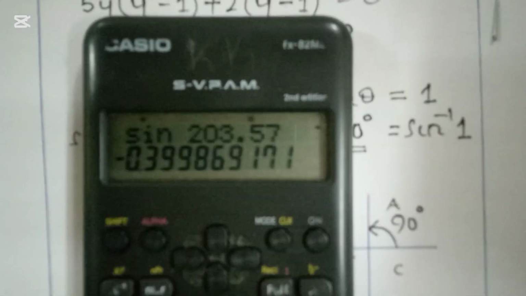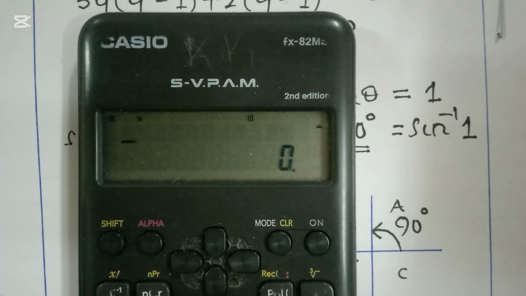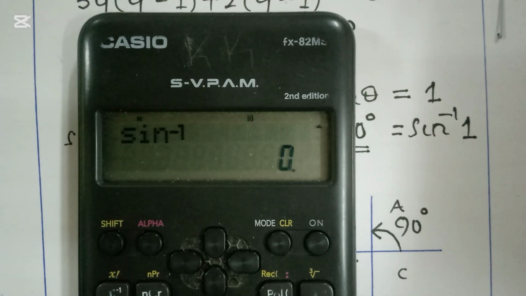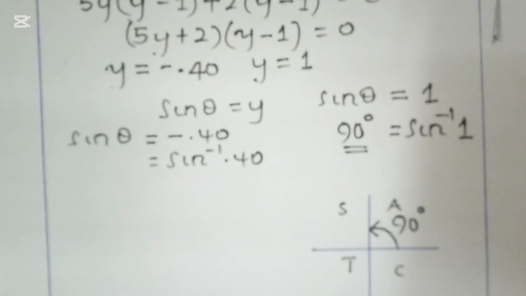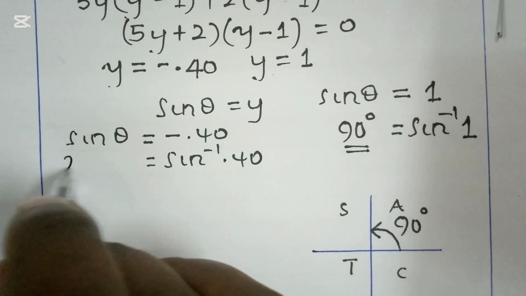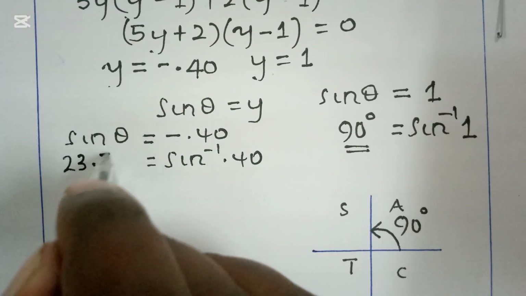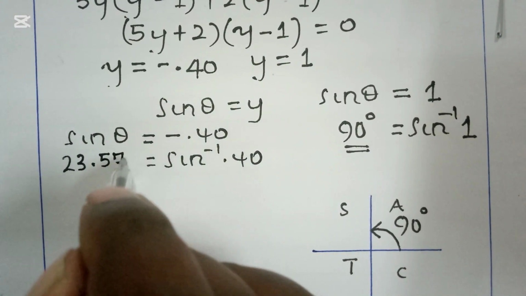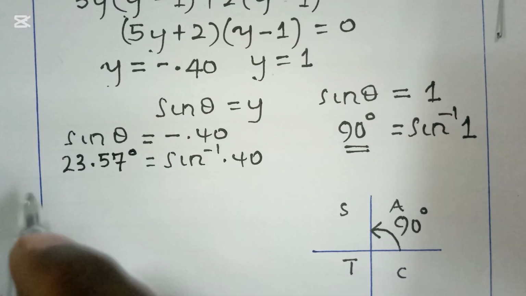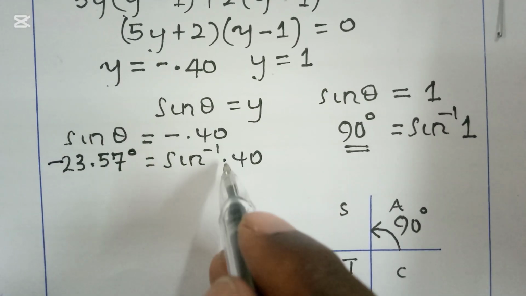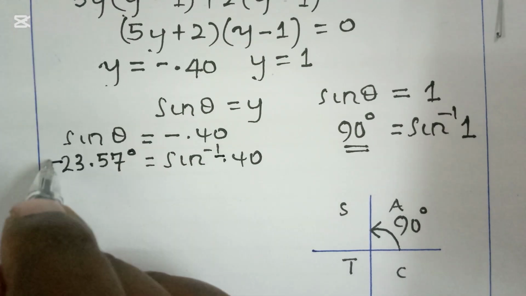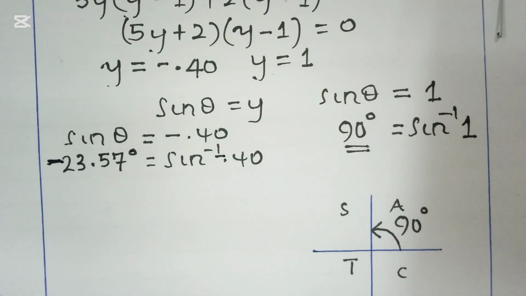When we look for that, guys, we will get 23.57 degrees. But now, remember, we have a negative here, so this is now going to be negative.